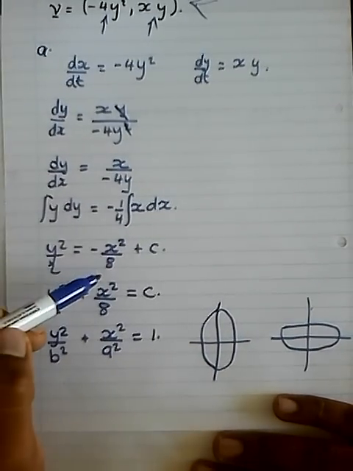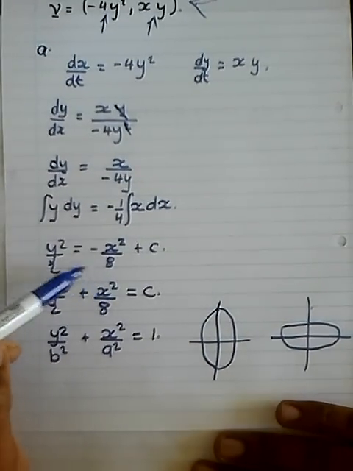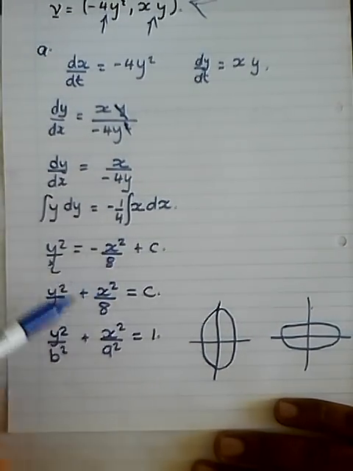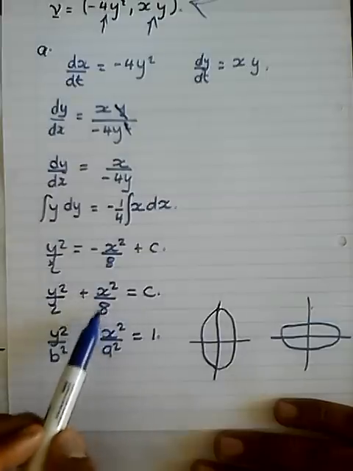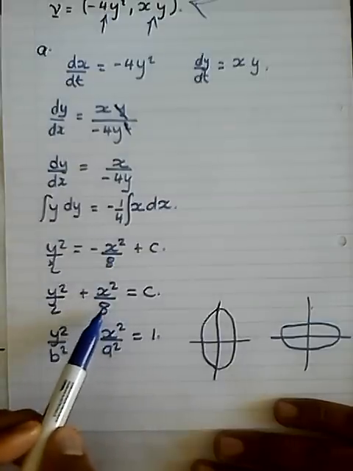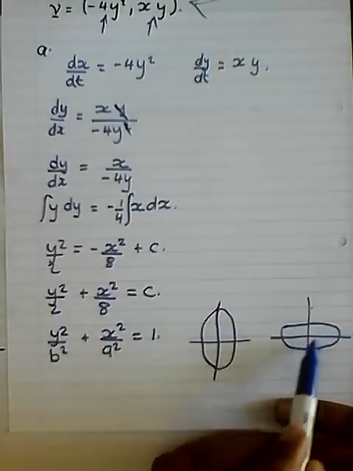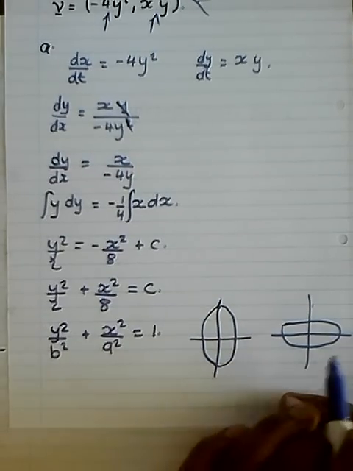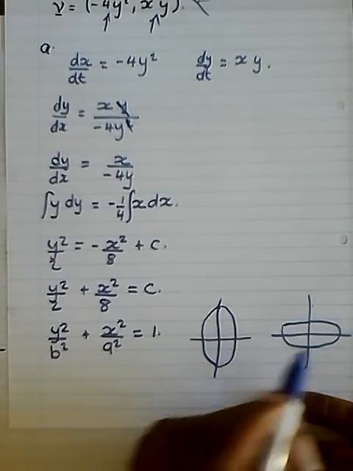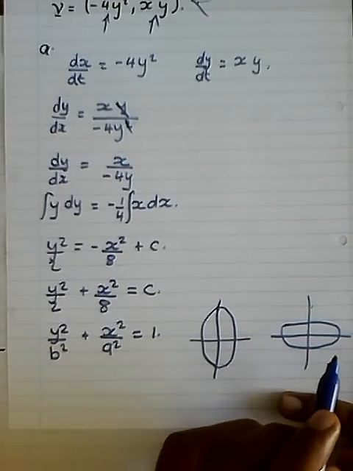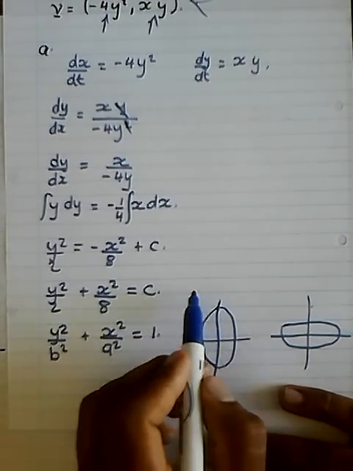So when we check what we are given here, a is greater than b, so that means we are looking at a curve which is like this. We'll work that out when we have to draw. So this is what you had to do for part A.